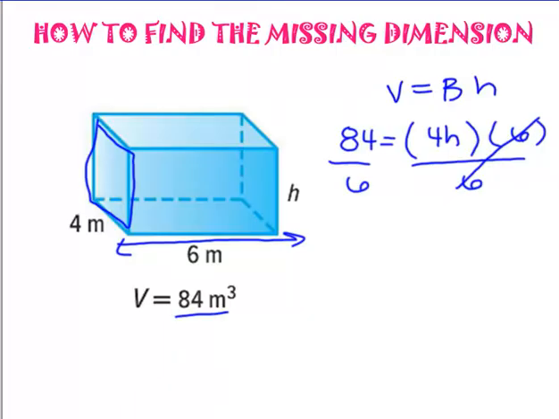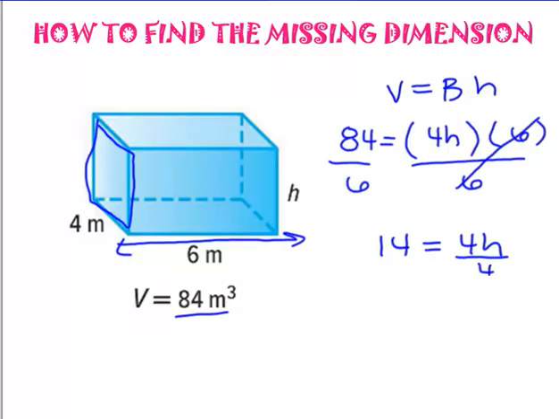Then we have 84 divided by 6, which is 14, equals 4h. Divide by 4 on both sides, and 14 divided by 4 gives us a height of 3.5 meters.